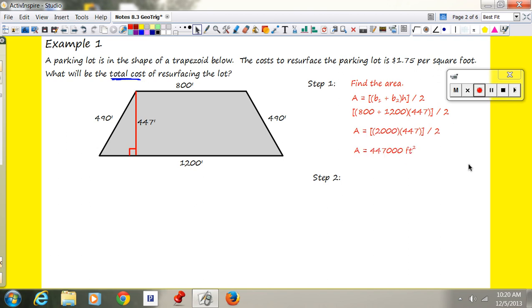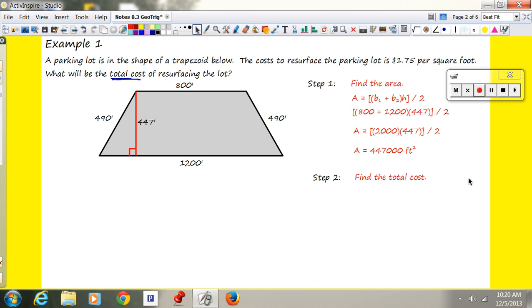You just put your 800 and 1200 together, multiply these two and divide by 2. Your square footage of the parking lot is 447,000 square feet. Now, if each of those square feet costs $1.75, or in this case it would cost the city $1.75 because they're the ones that usually resurface parking lots, though it could be the owner of the parking lot.